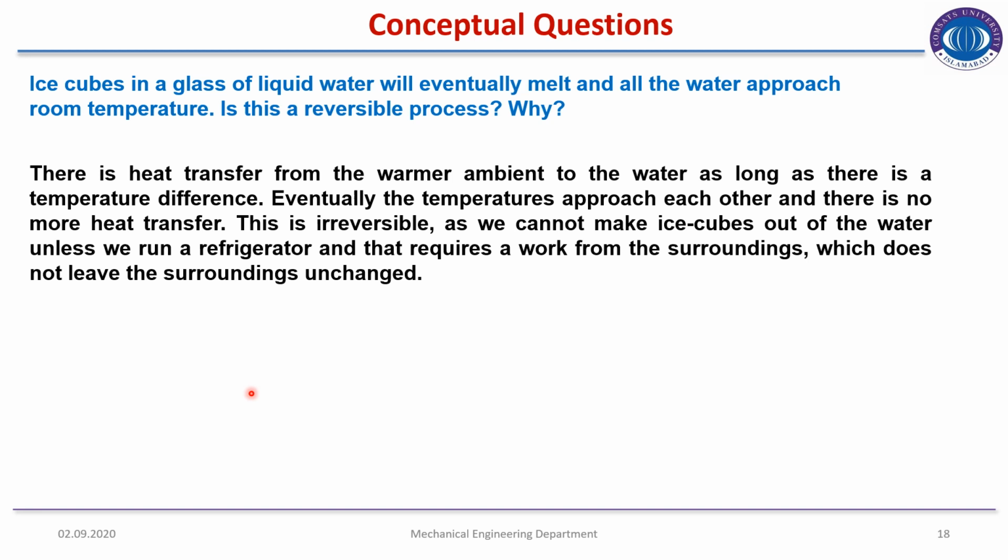Eventually, all the ice will be converted into water as the temperatures approach each other and there is no more heat transfer. This is an irreversible process, as we cannot make an ice cube out of water unless we run a refrigerator, and that requires work from the surroundings, which does not leave the surroundings unchanged.